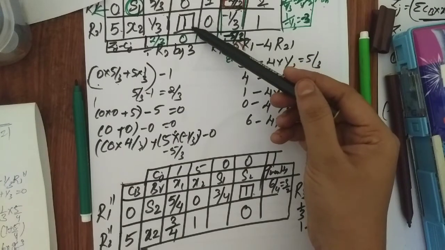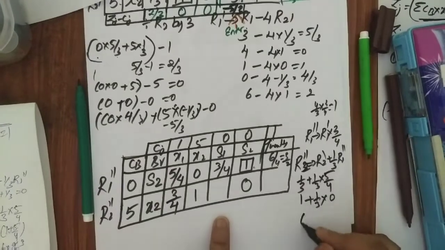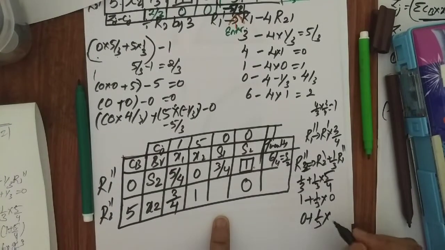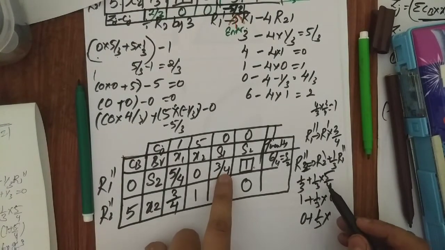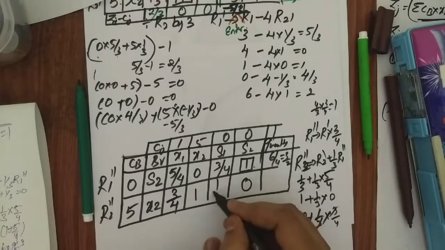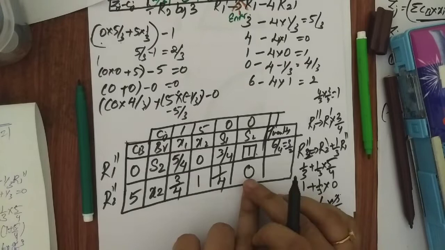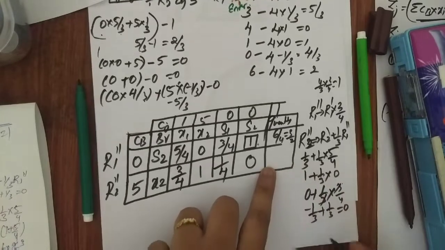Right? So here it is 1. Next, here I have 0, so 0 plus 1 by 3 into what we have the corresponding entry here, 3 by 4. So 3 cancels out, we will get 1 by 4. As I already stated here, minus 1 by 3 plus 1 by 3 into 1, so they will become 0.